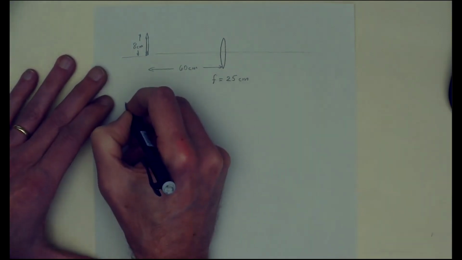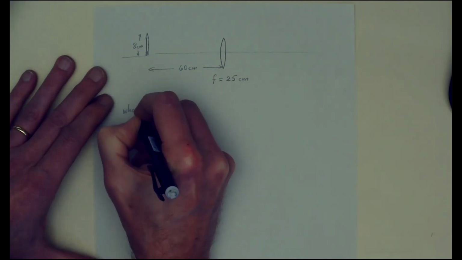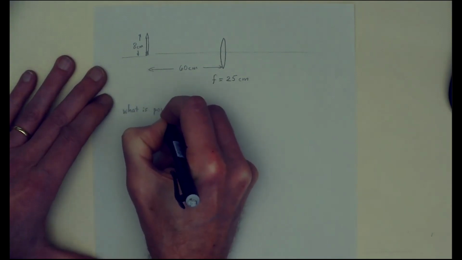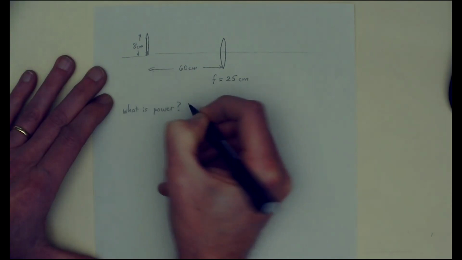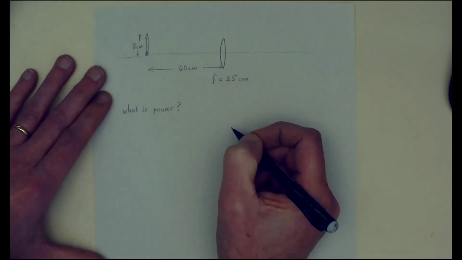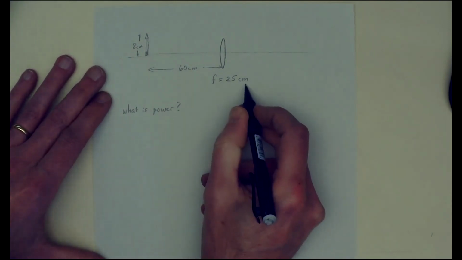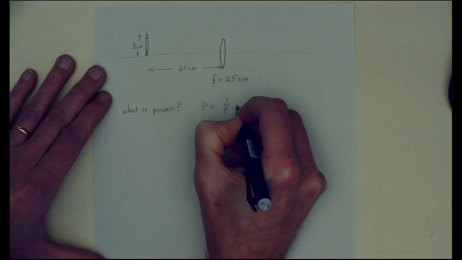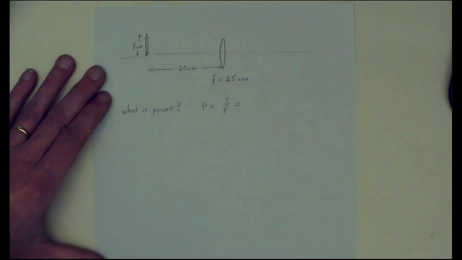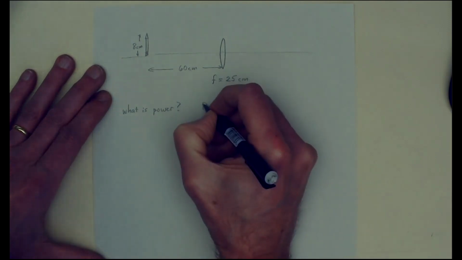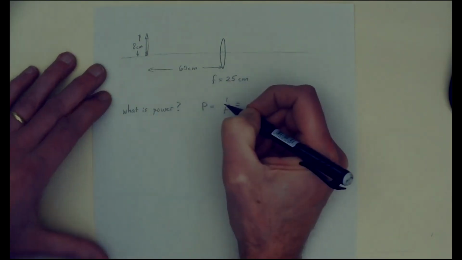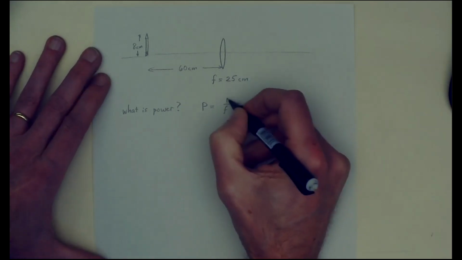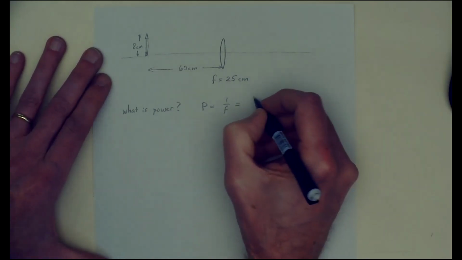Let's ask, for example, what is the power of the lens? Well, if the focal length is 25 centimeters, the power is 1 over f. You'd be tempted to just take 1 over 25, but remember, to get the power properly into diopters, you must express the focal length in meters.